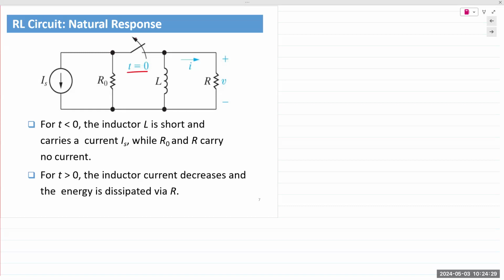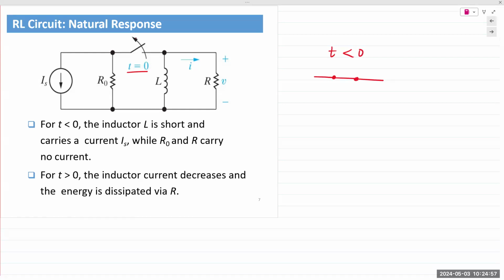I wouldn't even call it electrical engineering circuit analysis. What you're doing here is you need to logically look at it, understand what it means, and extract information from the problem. So in this case, it tells you that at time t equal to 0, the switch is being flipped open, which means before time t equal to 0, the switch was closed. So for time t less than 0, the switch was closed.